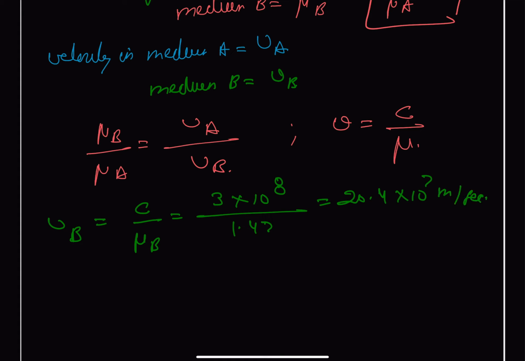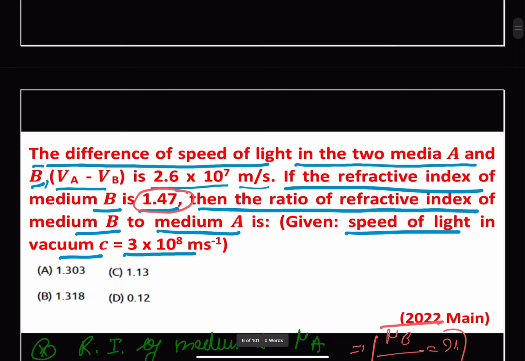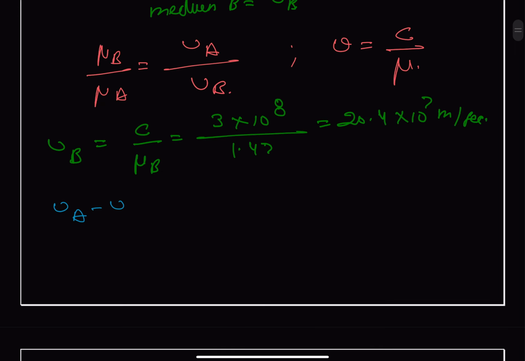Now we can find our V of A, because we are given that V of A minus V of B is equal to 2.6 into 10 to the power 7. So V of A will be equal to 20.4 plus 2.6 into 10 to the power 7.